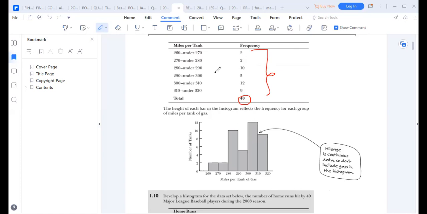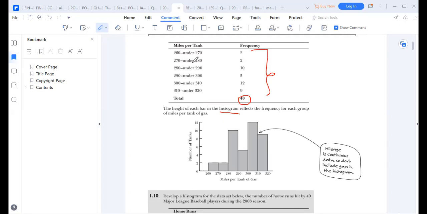Now this kind of information has to be typified in a histogram. So 260 to 270, we have 2, 270 to 280, 2, 280 to 290, we have 10, 290 to 300, we have 5, 12, and 9 respectively. Now, why are there no gaps there? Because we're considering the type of data, which is mileage.